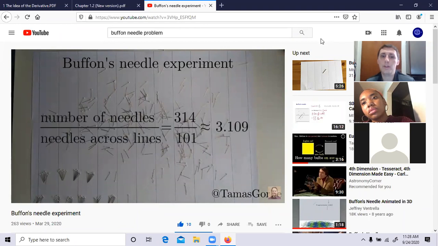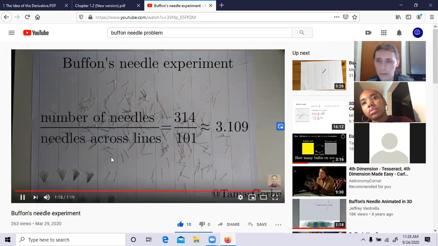And the approximation the person got is 3.1, not too bad. You need more needles. Say you need to throw more needles and do the counting. Or you have other procedures that also work, you can throw darts into the circle. Throw darts, if the dart is landing randomly, that's what you have to do, then it will also calculate pi. That would be the more direct thing to do.